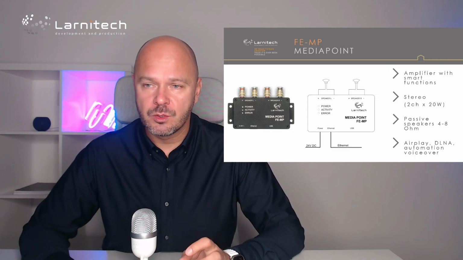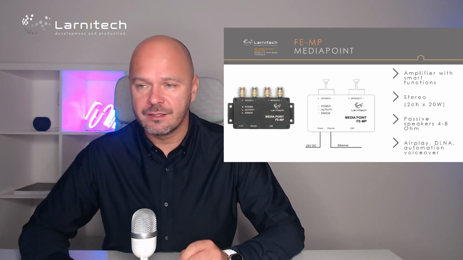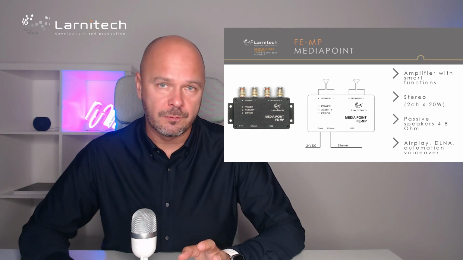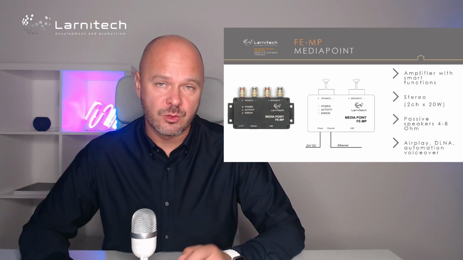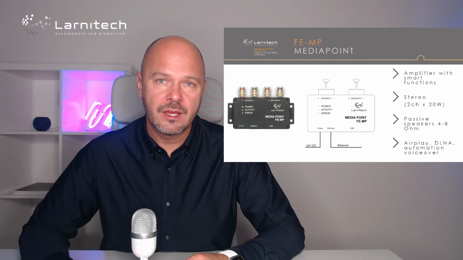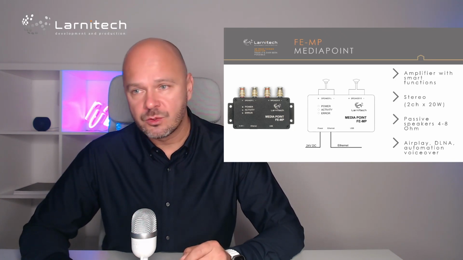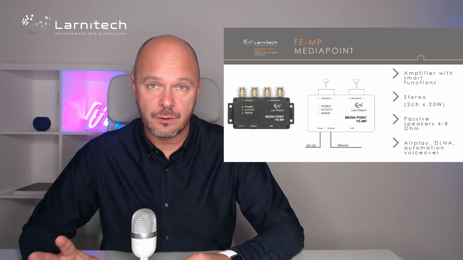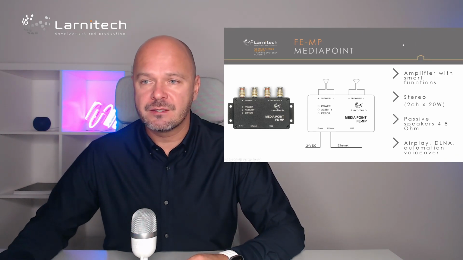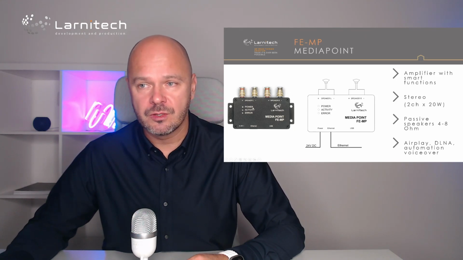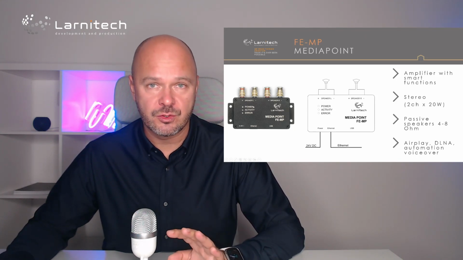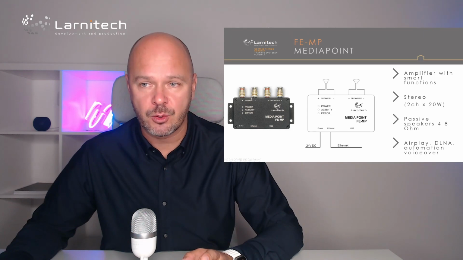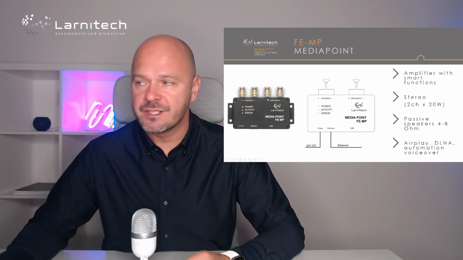So if you want to have maybe 10 rooms with audio and with AirPlay for the end user and with flush mount ceiling speakers, for example, this device is perfect for this. It is one room, one device, so this device goes to one room. It gives you stereo connection to the speakers.